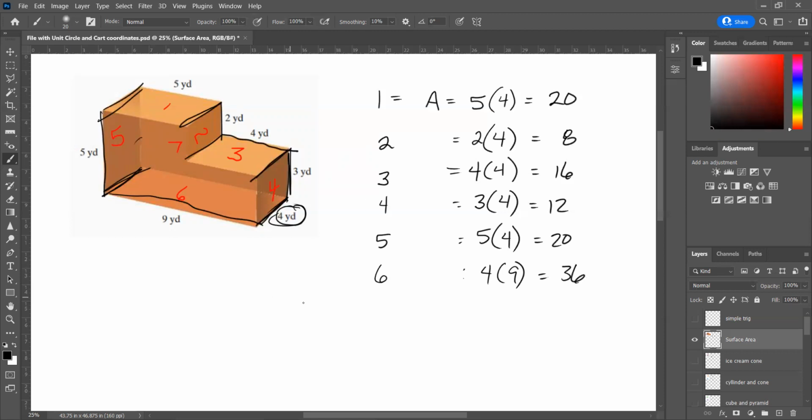Now we've got 7 and 8, which are both the same sort of shape. It's the front and the back. And so that's kind of a complex shape. Maybe I'll split that one too, like here. Then we'll have a 2 times 5 plus this full length, which is 9 times 3.